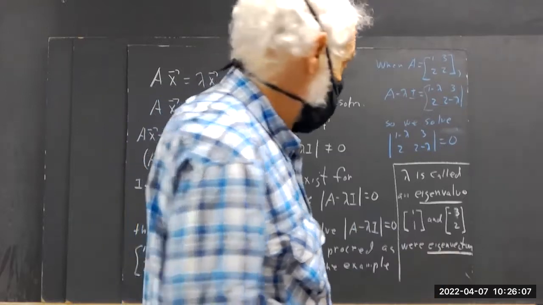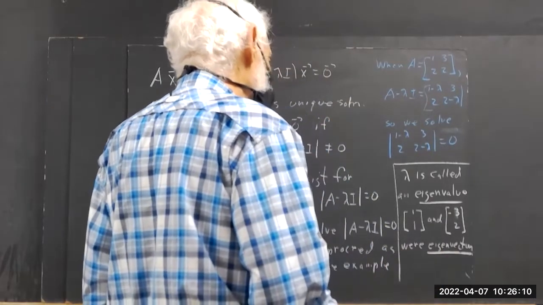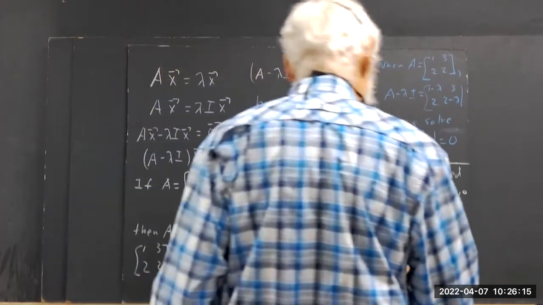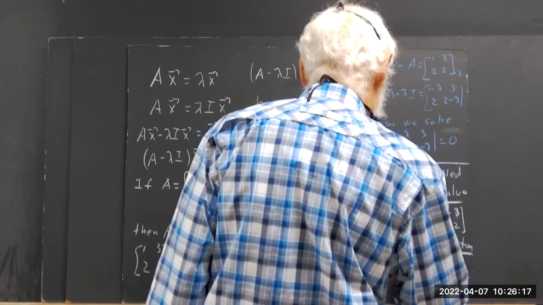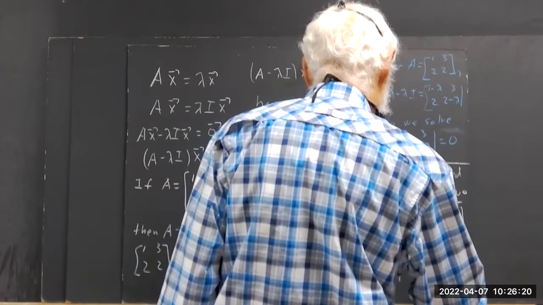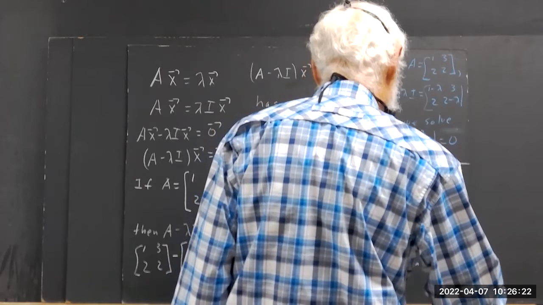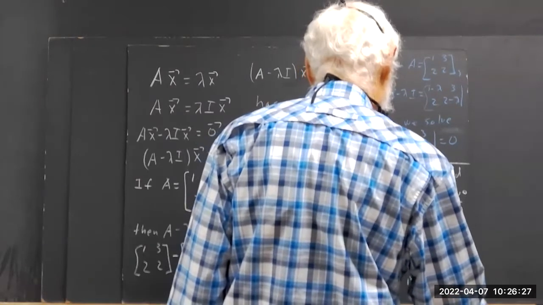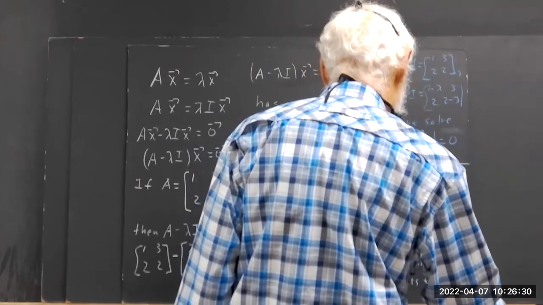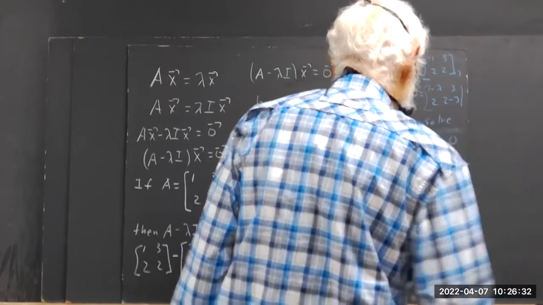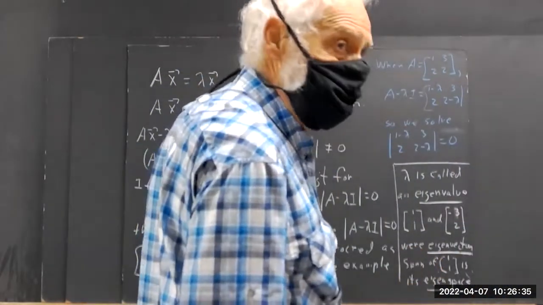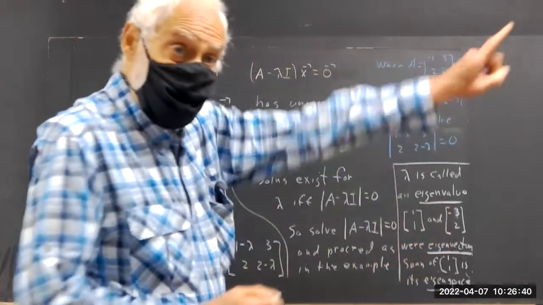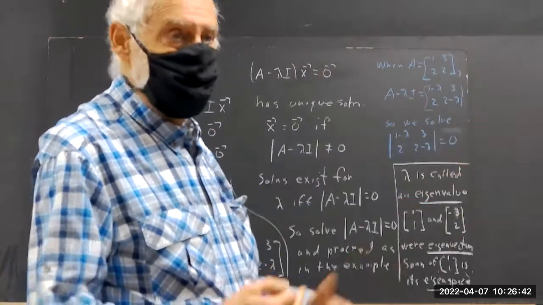Okay. The span of the vector 1, 1 is its eigenspace. Now that's just a diagonal line in this case, because this is just two-dimensional.